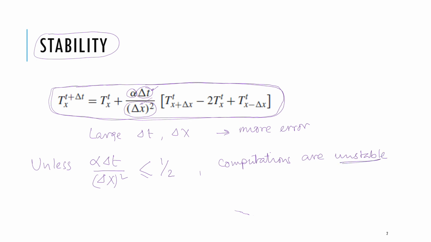Unstable means you get garbage. You just absolutely get garbage. It's not inaccurate, it's just garbage.